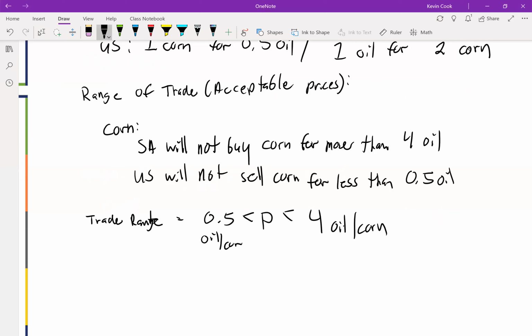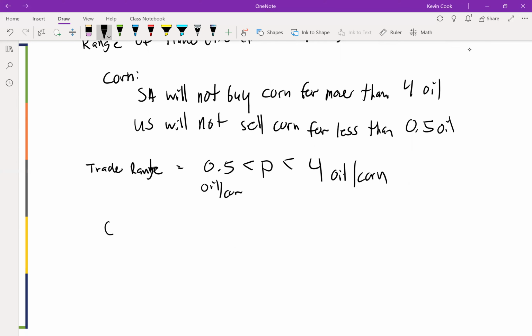Because again, that's the price I'm willing to work with. If we have any price outside of this range, either one of the countries is going to be in a spot that actually hurts their production possibility frontier.